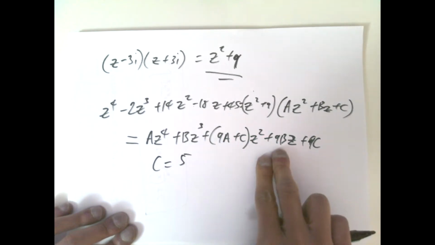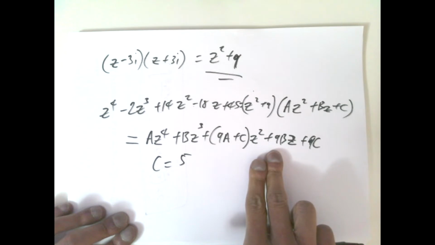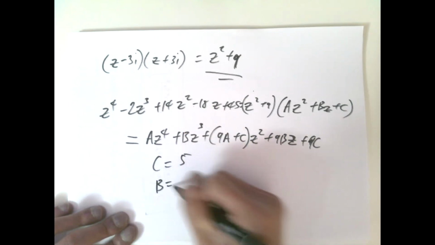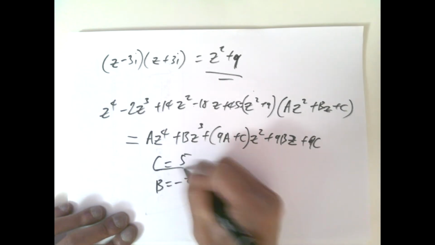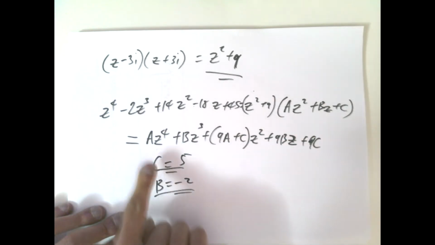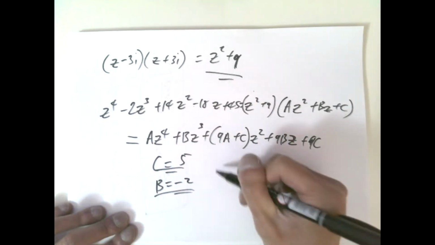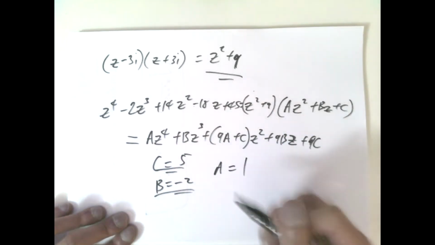We see that 9b must be minus 18, which indicates that b must be minus 2. And we see that az to the power 4 must be equal to z to the power 4, which again means that a must be 1.